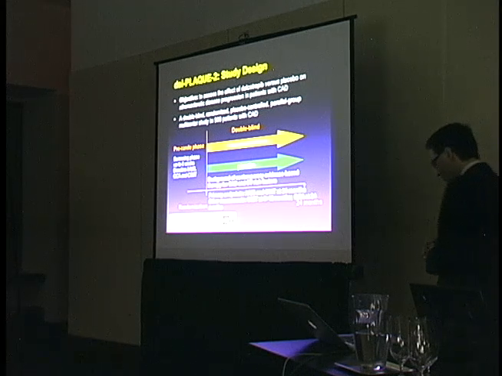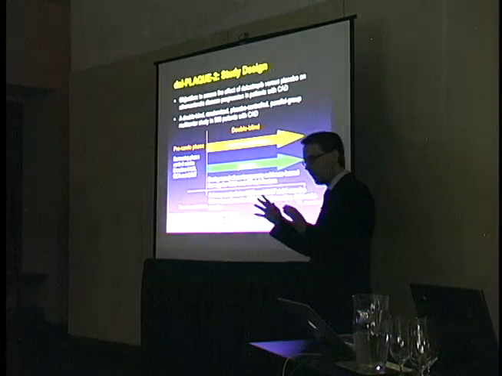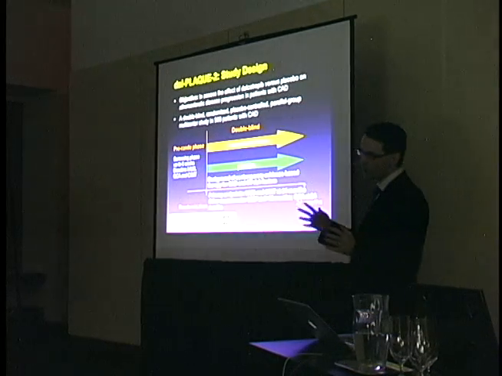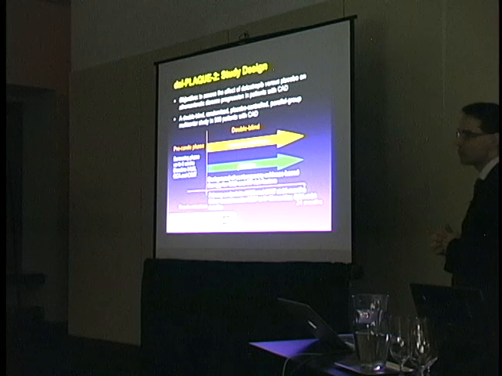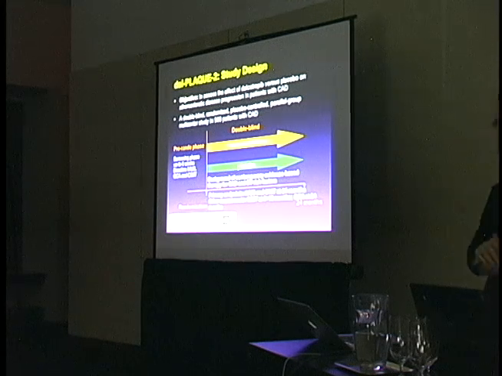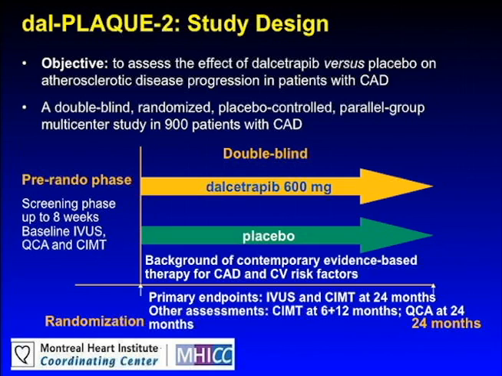What I think is also interesting, out of the cohort that is being observed in the main CAIN Project 3, there is a subset of patients in a sister study called DALPLAC 2. 900 patients using the same framework are being randomized to either an HDL-raising drug, and I won't go into all the details, dalcitripib, or placebo.